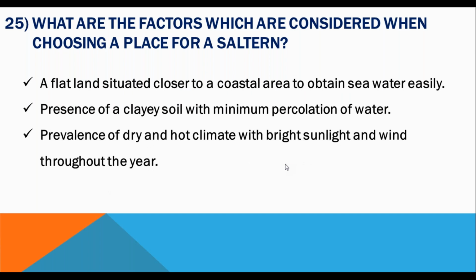There should be a dry and hot climate with bright sunlight and dry wind throughout the year, and annual rainfall should be at a minimum level. These are the factors we consider when choosing a place for a saltern.